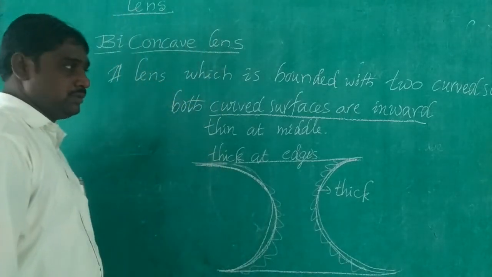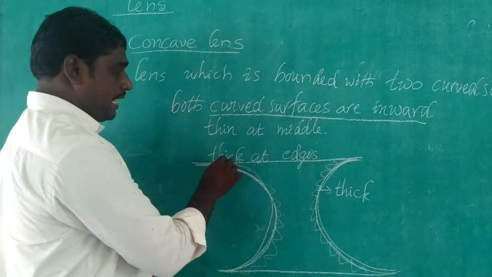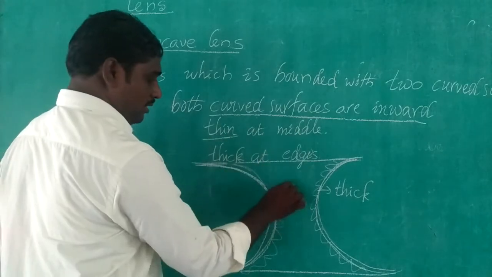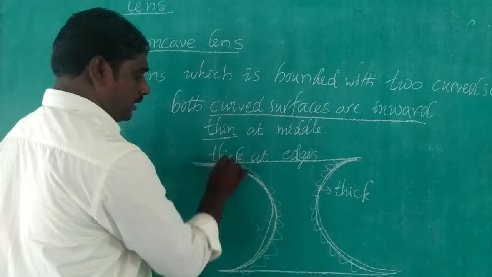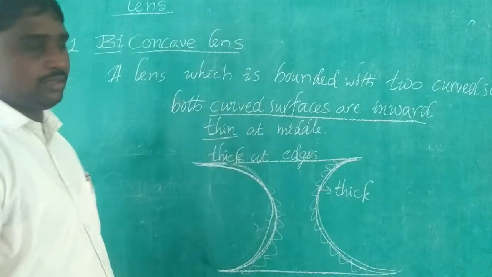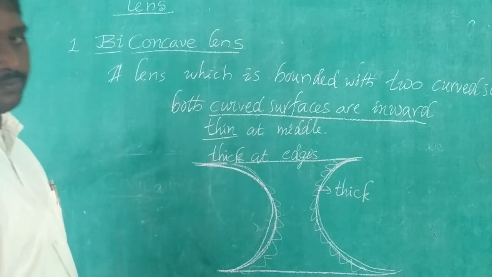This lens is said to be a concave lens. In this concave lens, the middle part is thin and the edges are thick. Once again, what is the biconcave lens? A lens bounded with two curved surfaces, both curved surfaces inward. This lens is said to be a concave lens. It is thin at the middle, but the edges are thick.